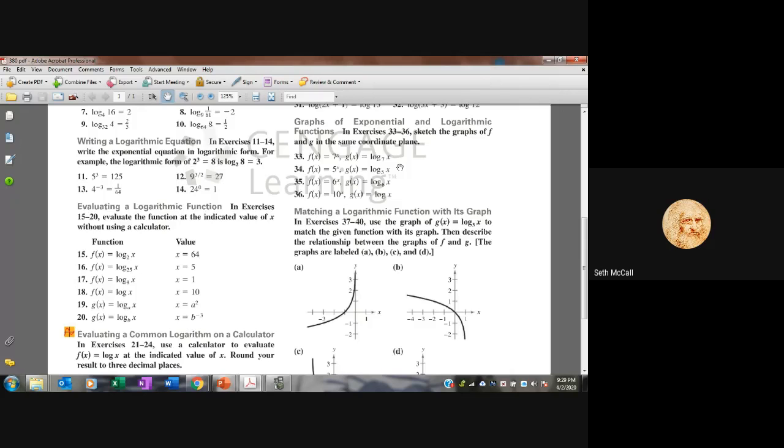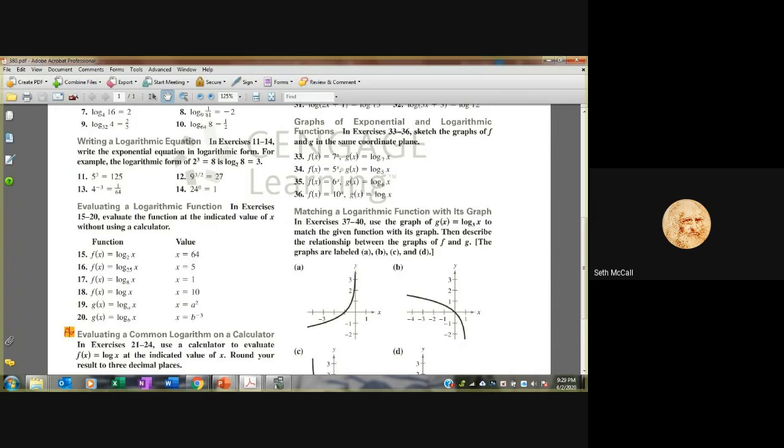Okay, the last one we're going to do is number 36. So you have 10 to the x and then log of x. Notice this log right here does not have a base written. Please remember, when it's not written, it is log base 10, except for natural log.